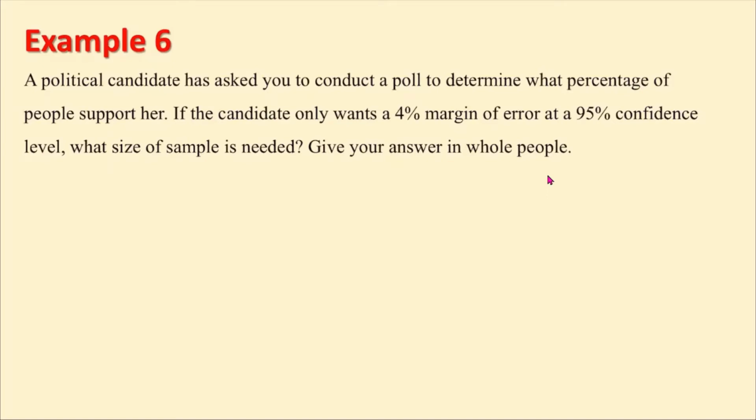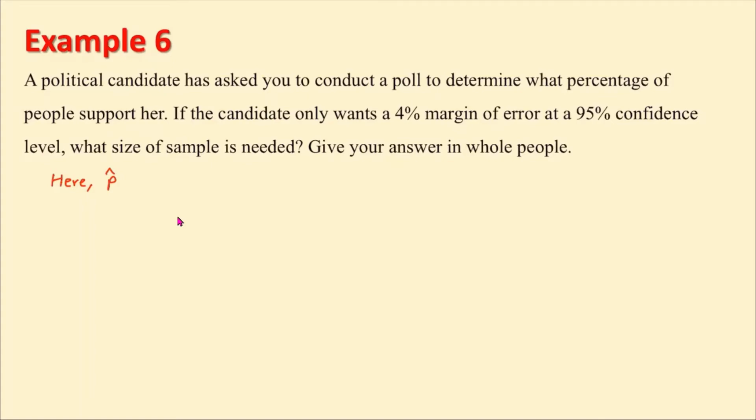So here we are talking about the candidate who asks you to determine what percent of people support her. So if the people are in favor of a political candidate, then the minimum proportion of the people who support should be at least 51%.